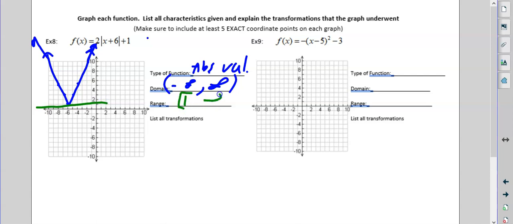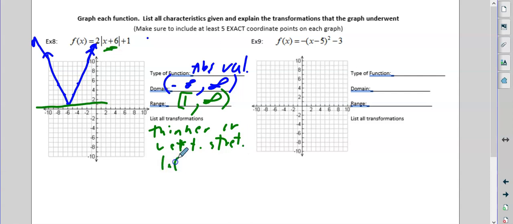And it's going up forever. Now, what's happening? It's thinner or vertically stretched. It is inside lies left 6 and +1 up 1.